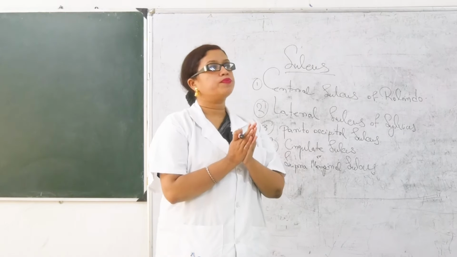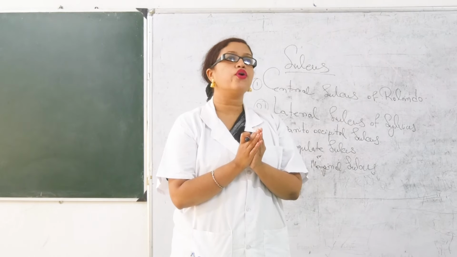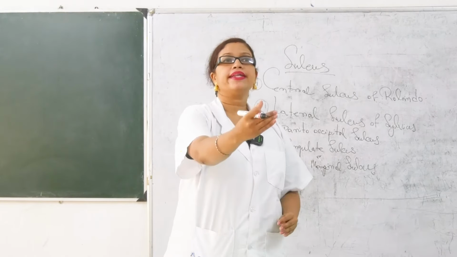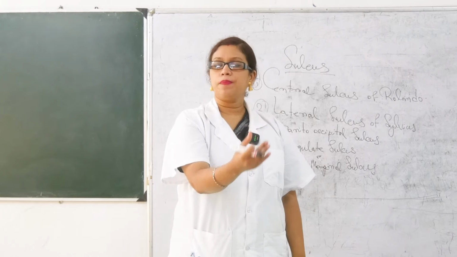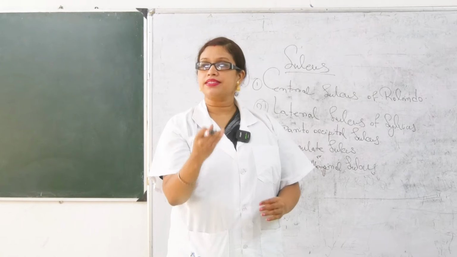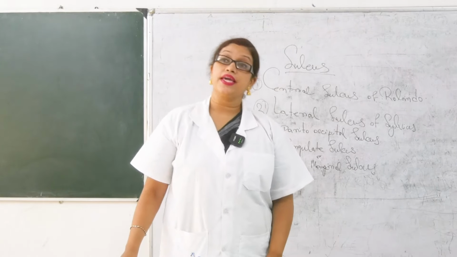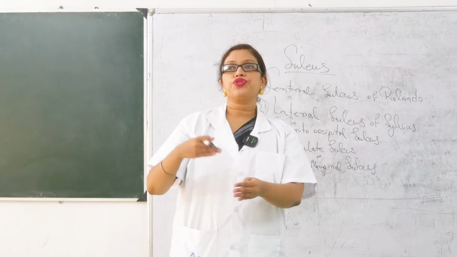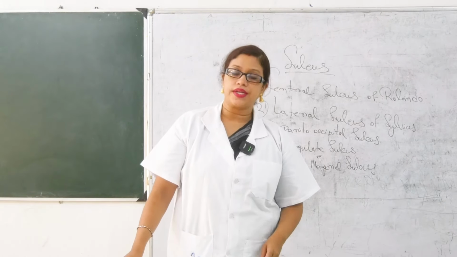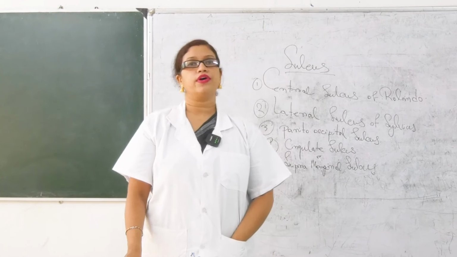Now understand this very carefully. I said about the central sulcus, right? The central sulcus, you got it in between, anterior is the frontal lobe, posterior is the parietal lobe. Now in the frontal lobe, the gyrus you find in front of the central sulcus, what will you call it? Pre-central gyrus, and just posterior to that you will get the post-central gyrus. Now the question is, it is concerned with a very important function.